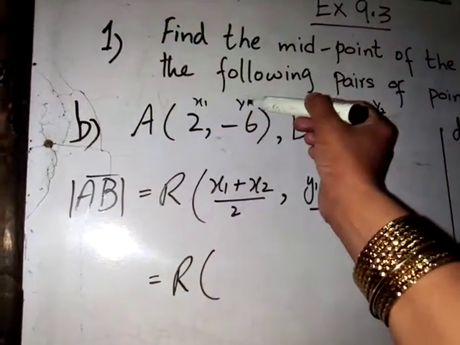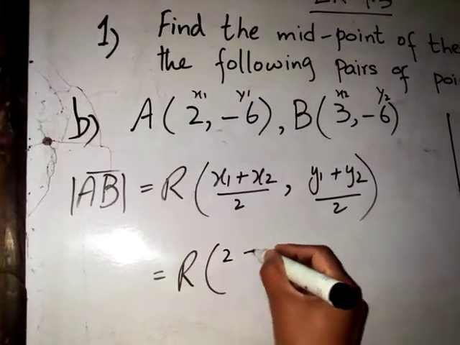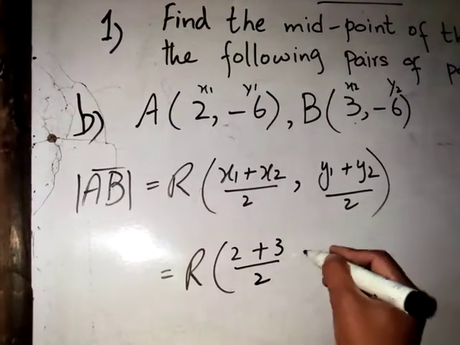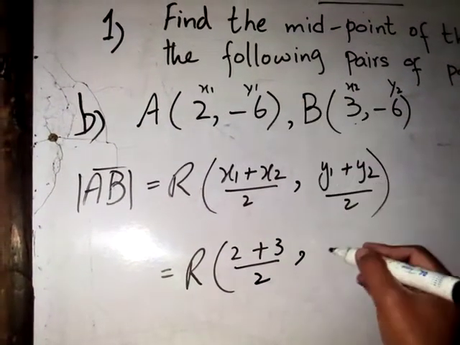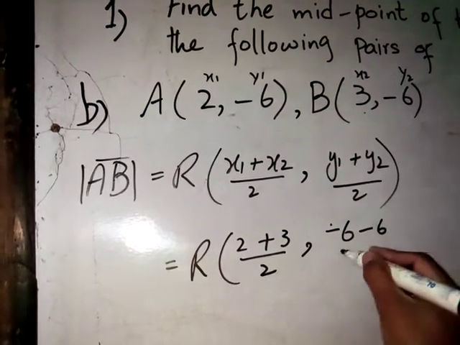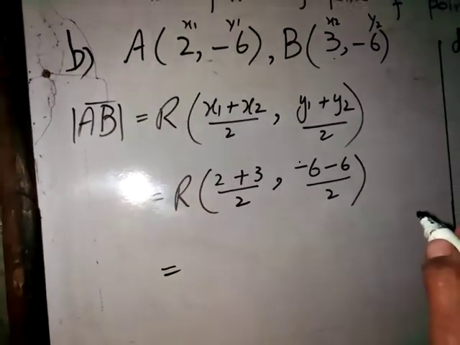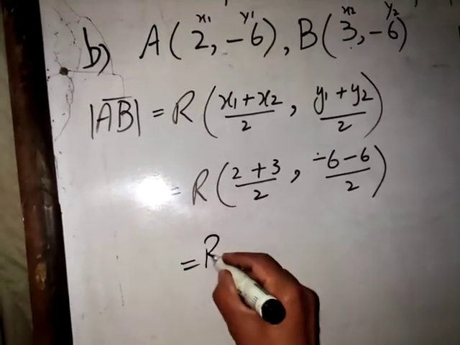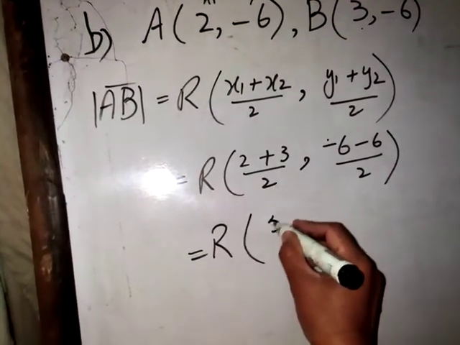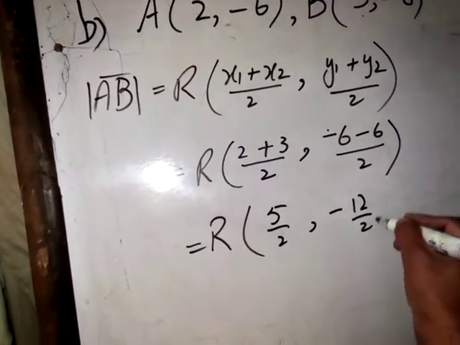So 2 plus 3 divided by 2. y1 is -6 and y2 is again -6, divided by 2. So R, the midpoint of AB, will be (2 + 3) by 2 and (-12) by 2.